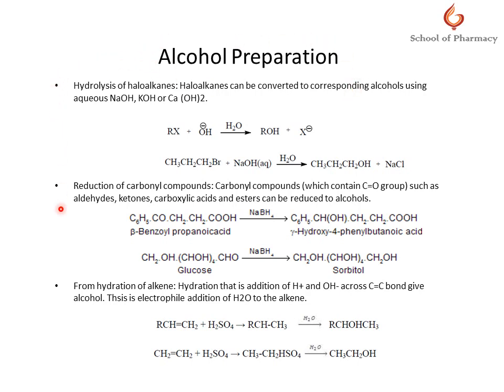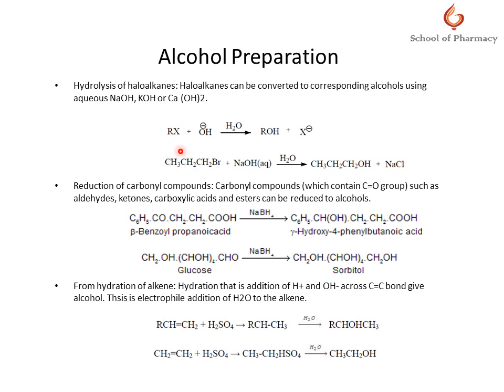Today we will do only 3 basic preparations of alcohol. The first one is the hydrolysis of haloalkanes or alkyl halides. Haloalkanes can be converted to the corresponding alcohols using aqueous sodium hydroxide, potassium hydroxide or calcium hydroxide. You might remember that this is the reaction we have already done, the substitution nucleophilic reaction.